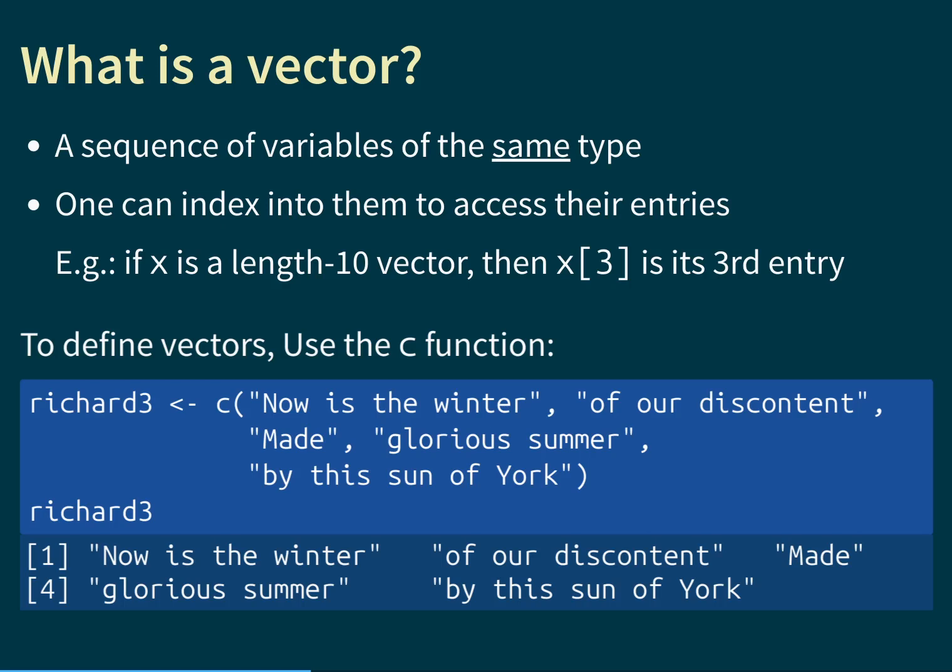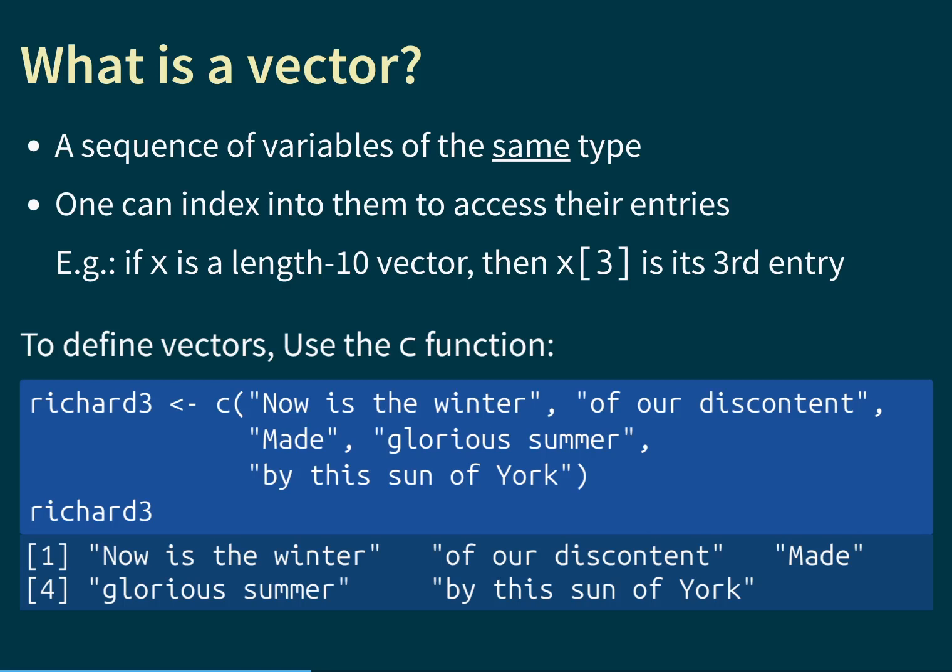The first entry of it reads, "Now is the winter." The second entry is "of our discontent." Then the third entry is "made." The fourth entry is "glorious summer." And finally, the fifth entry of this vector is "by this son of York." So altogether it reads, "Now is the winter of our discontent, made glorious summer by this son of York."